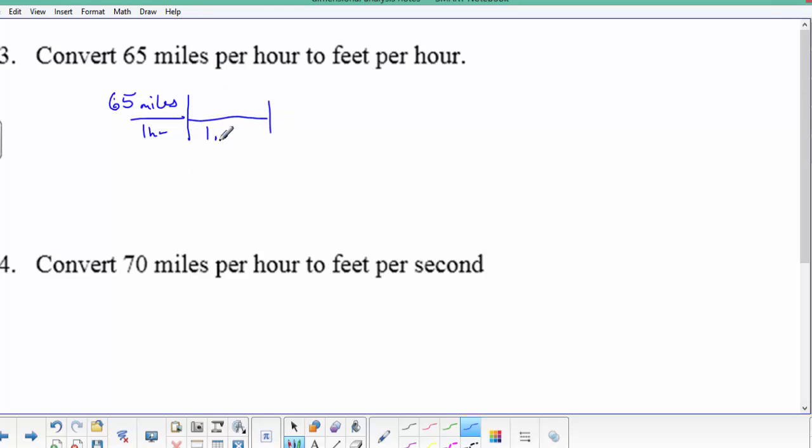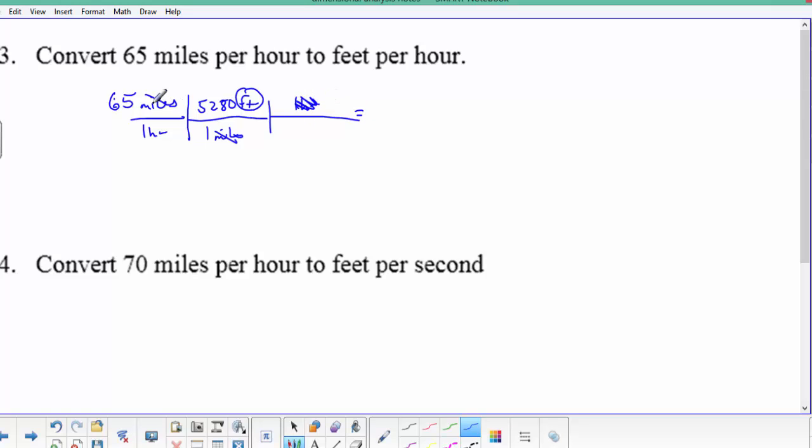I'm going to go, okay, let's go from miles. So in 1 mile, I know that there is 5,280 feet, which gets me feet. Miles cancels with miles, and I'm just going to circle feet because I'm done. Now I have hours on the bottom, and that's what we want, so I don't need to do the conversion.